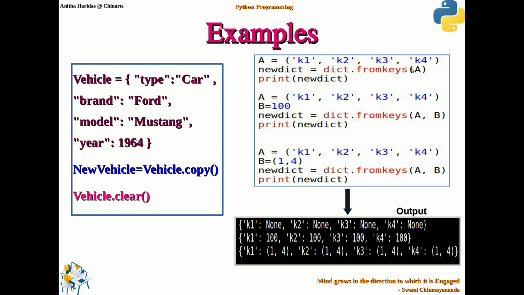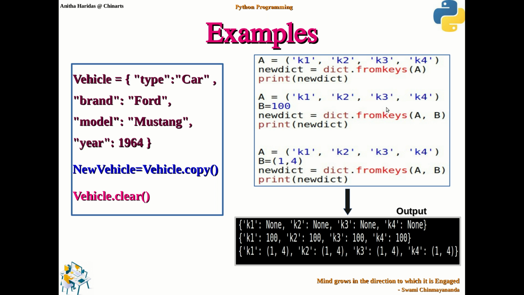I have given a tuple here. So what happens? When I print the new dictionary, I have given only the keys, so it has taken k1, k2, k3, k4 as keys. But I did not give any values for these, so it has taken values as None. It's a null value. No value given for all these keys. This is one way of using fromkeys.